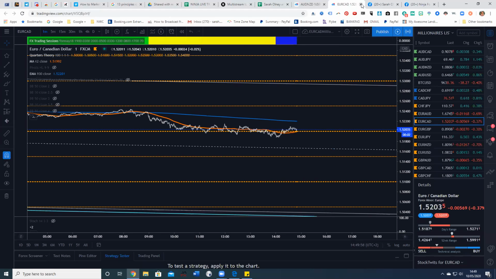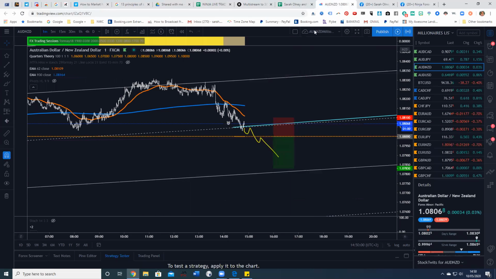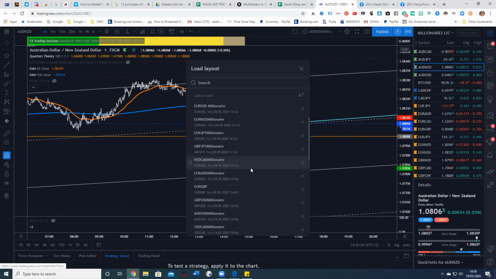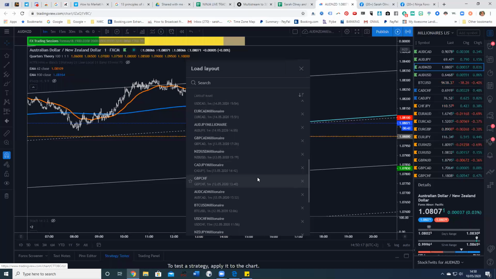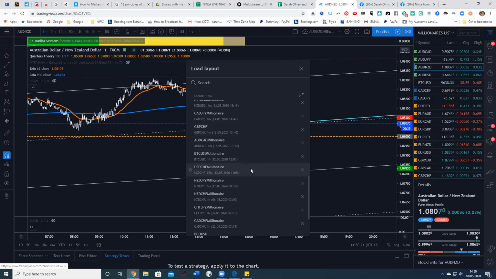Nothing there anyway at the moment. Did we do G? I don't want to do GCAD because it's Canadian dollar. That's a slow one, slow moving pair.